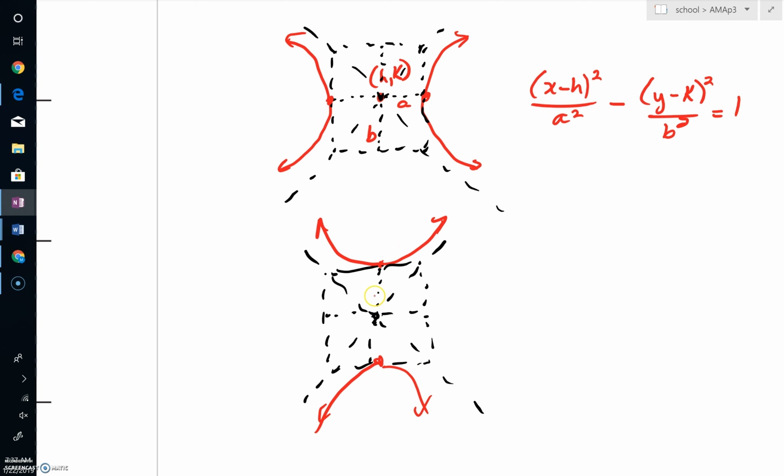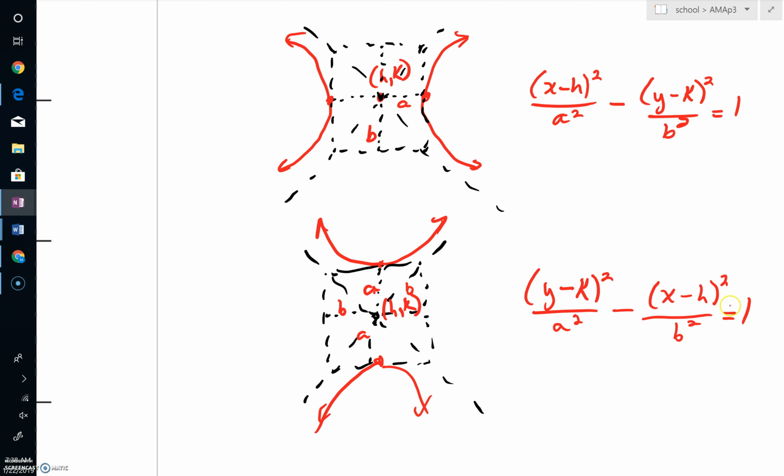And you could once again have an H comma K. But this time, we'd call the vertical distance that we're going from the center A, and we'd call the left-right distance B. And this would be Y minus K quantity squared all over A squared minus X minus H quantity squared all over B squared equals 1.